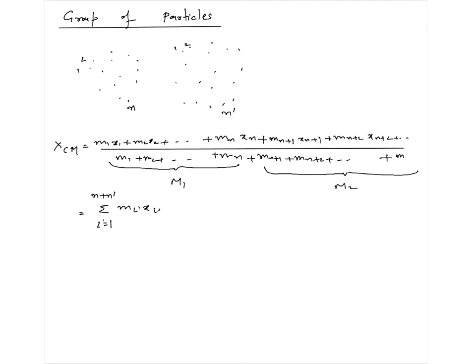Maybe I can remove this term. m n plus n dash, x n plus n dash. So I goes from 1 to n plus n dash, divided by m1 plus m2.